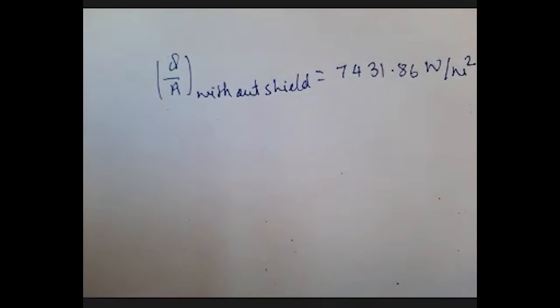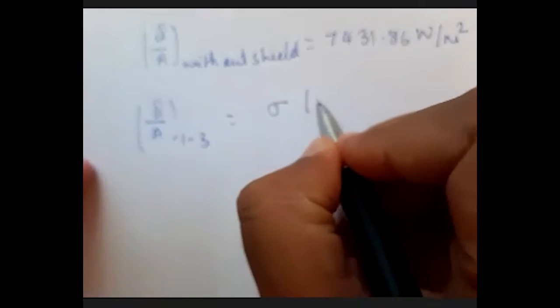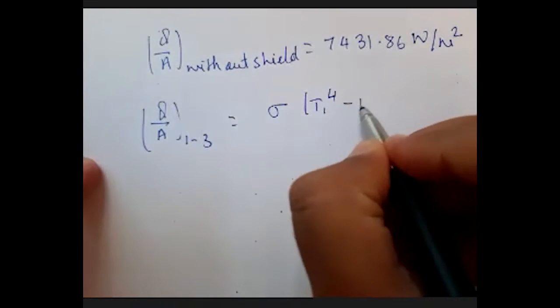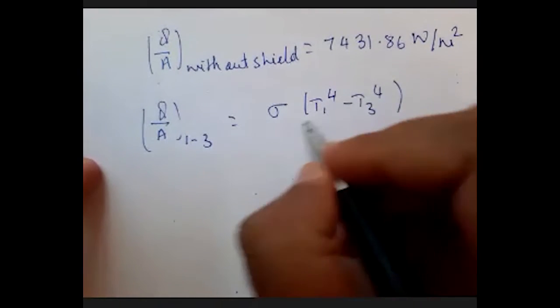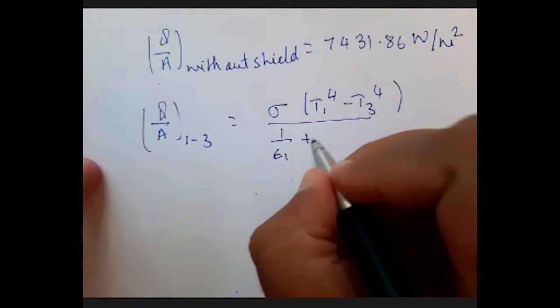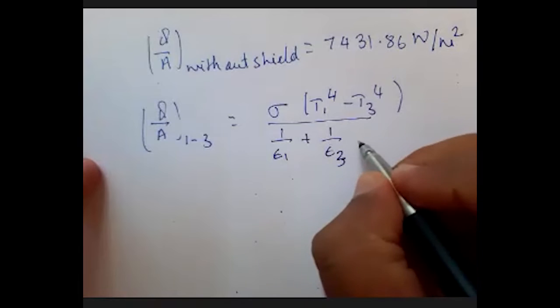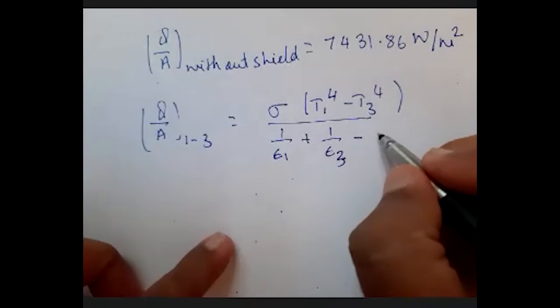Now I need to find out the heat transfer rate with shield. If I take Q by A from 1 to 3, I have sigma into T1 raised to 4 minus T3 raised to 4, divided by 1 upon epsilon 1 plus 1 upon epsilon 3 minus 1.